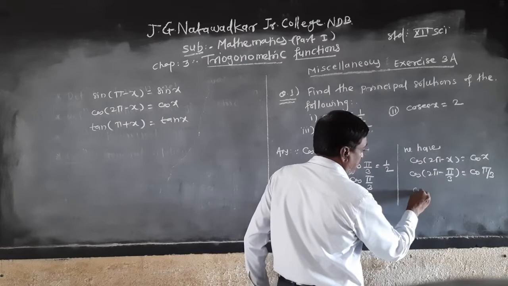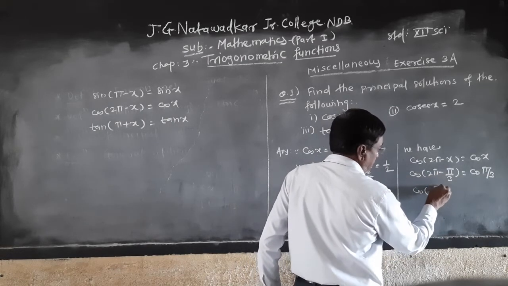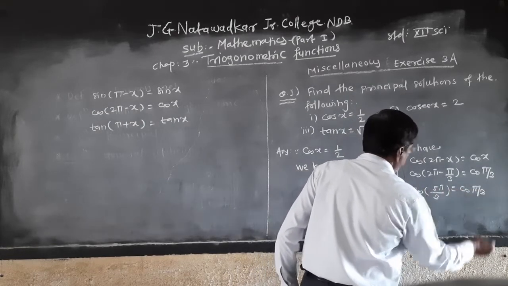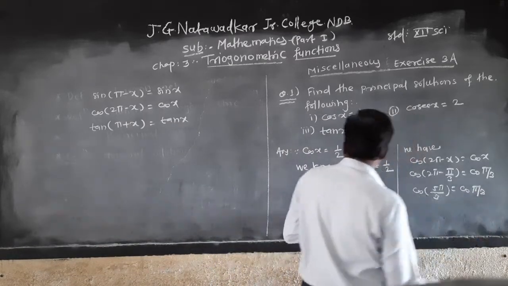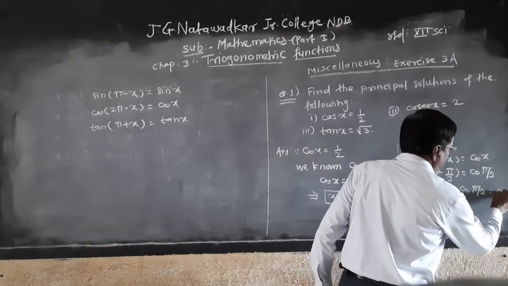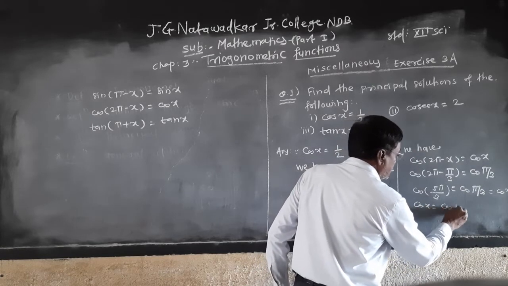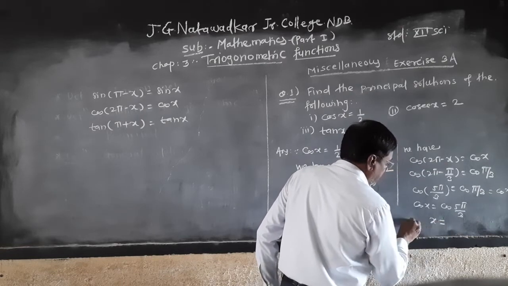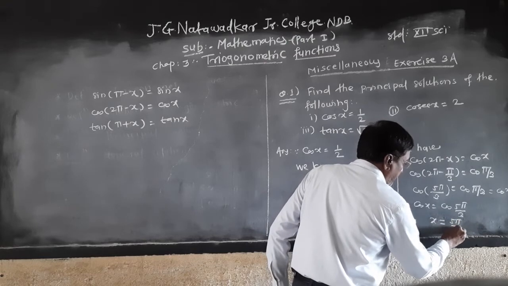By simplifying, 3 times 2 is 6, 6 minus 1 gives 5 pi by 3, so cos of 5 pi by 3 is equal to cos of pi by 3. And cos pi by 3 is the value 1/2, which is equal to cos x. Therefore cos x is equal to cos of 5 pi by 3, and comparing, x is equal to 5 pi by 3.